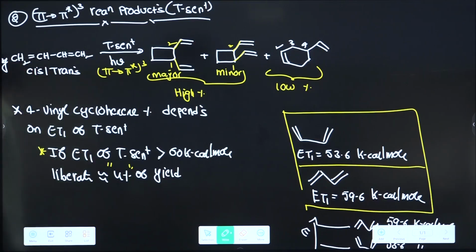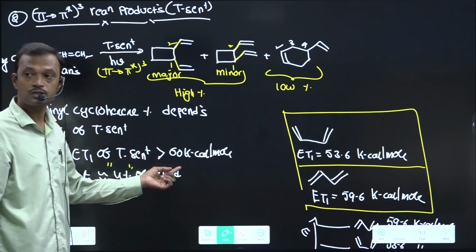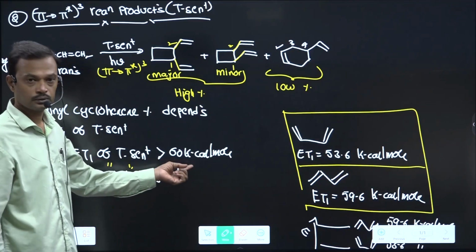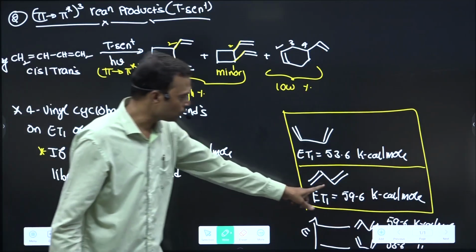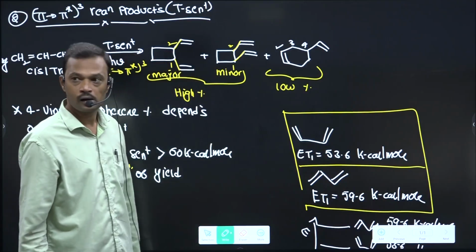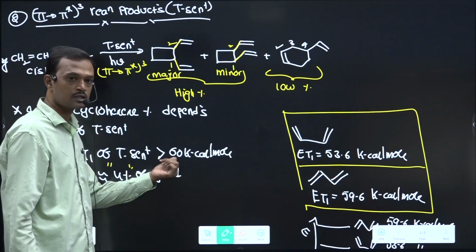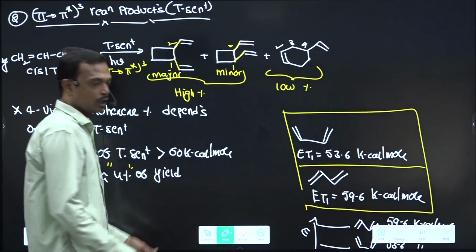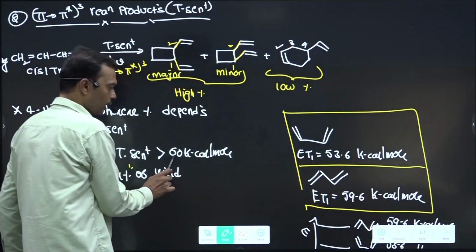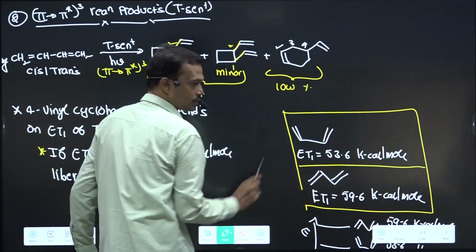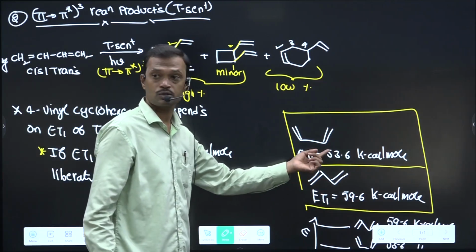When the value is more than 60 kilocalorie per mole, it is very close to trans or cis. Cis is 53, trans is 59. More than 60 is very close to which one? Trans. It means the energy is now transferred to trans. Trans is activated but not cis.